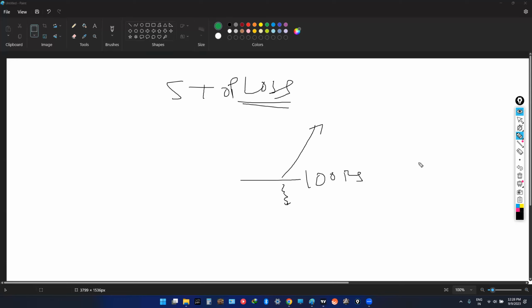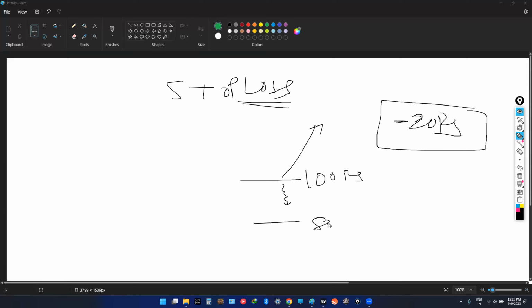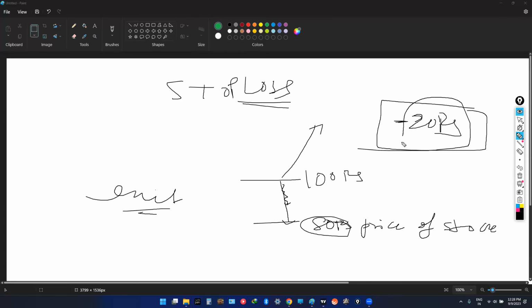So say you want to incur a maximum loss of 20 rupees. You do not want to take more than 20 rupees loss on this. So your stop loss will automatically be 80 rupees. The moment the stock falls to 80 rupees, you will simply exit and take that loss. That is your stop loss.